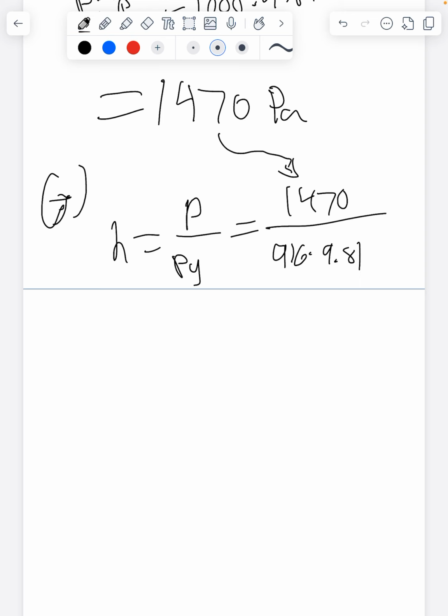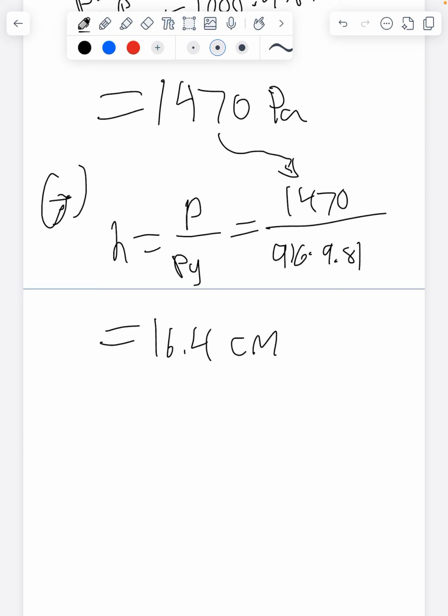Let me calculate that real quick. That'll equal 16.4 centimeters. And with that, that concludes my explanation of the full homework set, parts A through G.